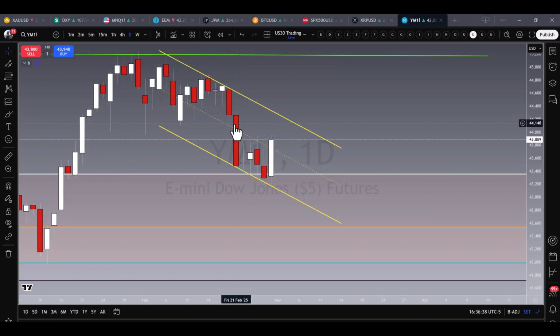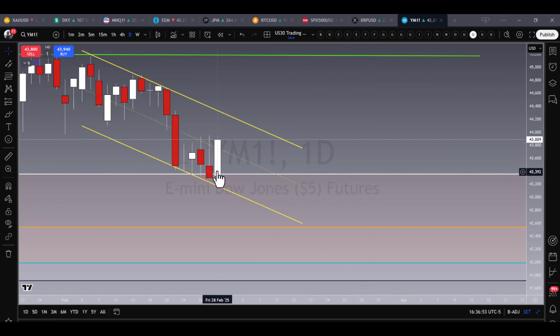Now we take a look at the daily. We see here this last week was the pullback from the previous week's down move. That's that large weekly candle, that red candle. This is the white candle due to the fact that on Friday we had a very large up move on a single day.